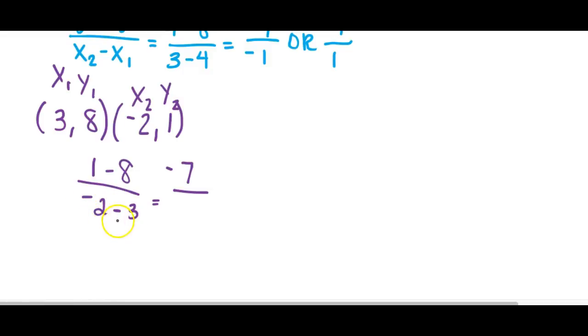And this is actually a negative, even though it's a subtraction. Remember, that just means the following number is also a negative. If I'm at -2 and I need to move farther away from 0 by 3, that's going to give me a -5. So -7 over -5, and we want this as a fraction, 7 over 5.